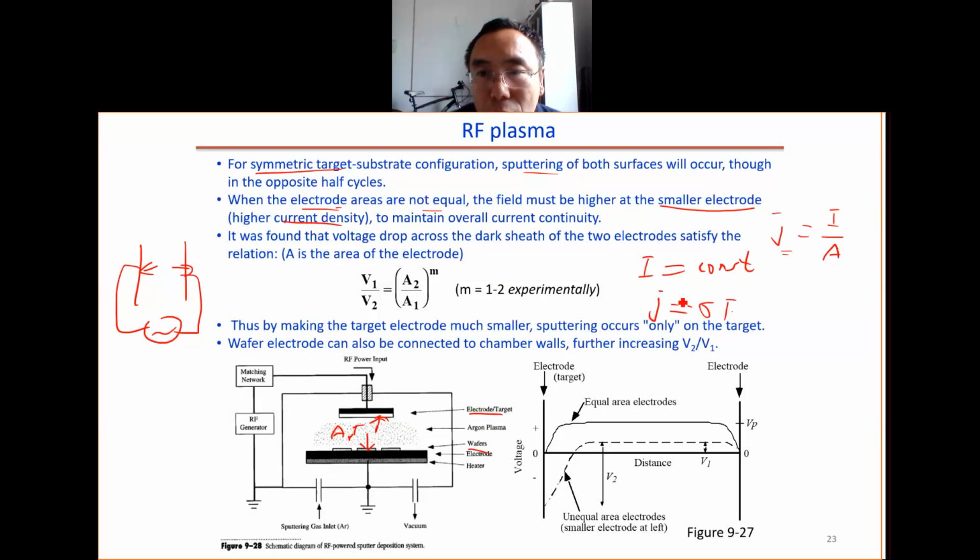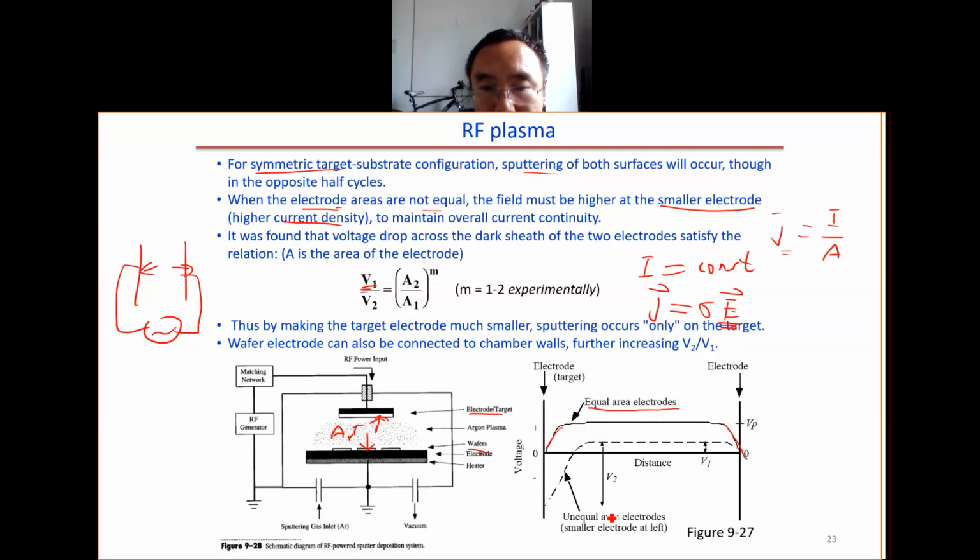We know that current density is given by sigma, the conductivity, times the electrical field. So higher current density means higher field. The higher field means higher voltage. As a result, a smaller area gives you higher voltage drop, as you can see here. When we have equal area electrodes, we have the same voltage drop here and here.